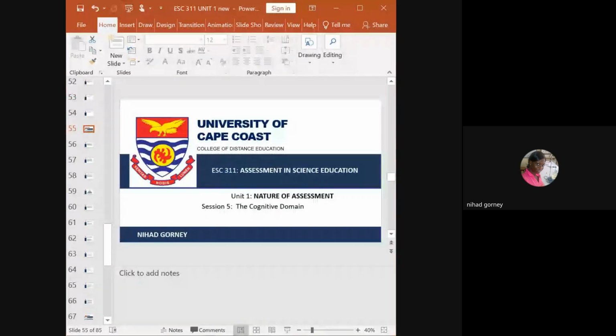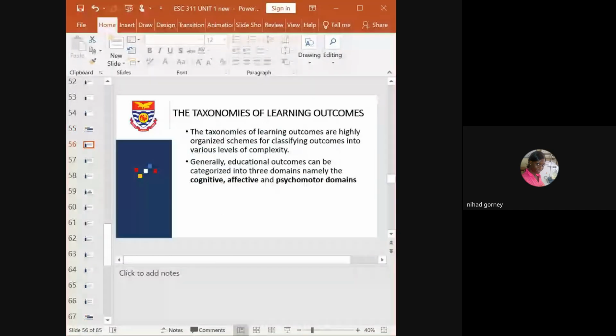Now let's move to the domains of assessment. We have 3 different domains. We have the cognitive domain, which is characterized by Bloom's taxonomy. But before we go to that aspect, let's know what is meant by the taxonomy of learning outcomes. When we say taxonomy of learning outcomes, it is a highly organized scheme for classifying outcomes into various levels of complexity.